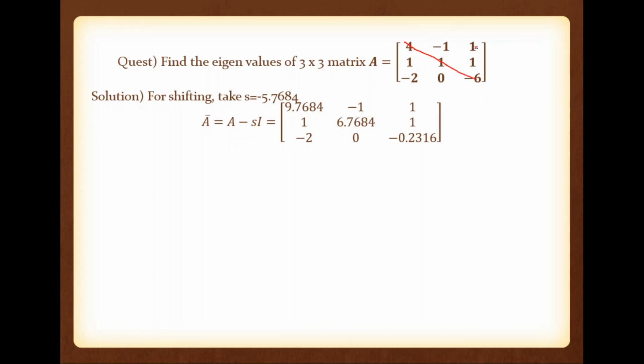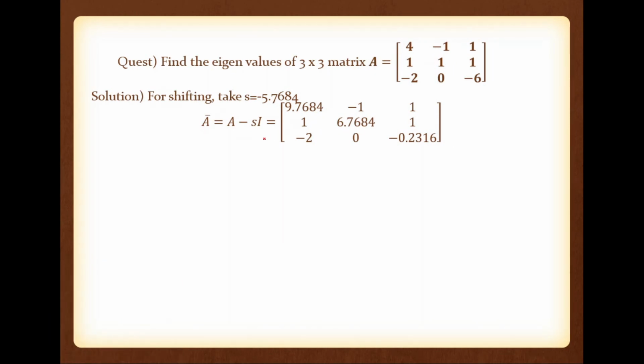Other elements are constant, because we are subtracting SI from A. Then 1, then 1 minus 5.7684, so that is 6.7684. Then 1, then minus 2, 0, then minus 6 minus 5.7684, that is minus 0.2316. So this is A bar.